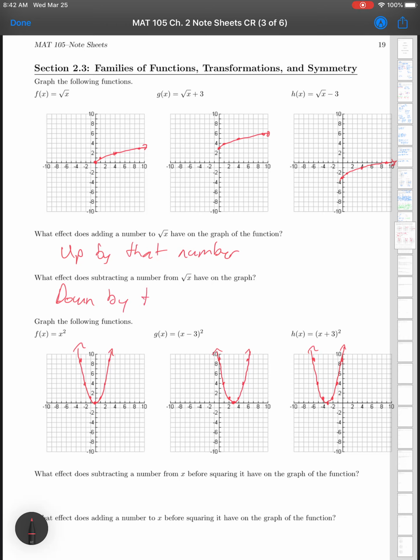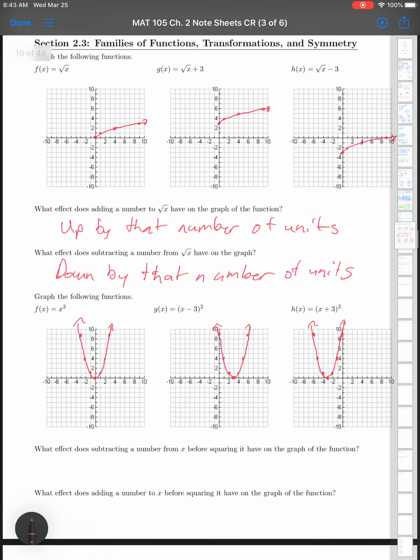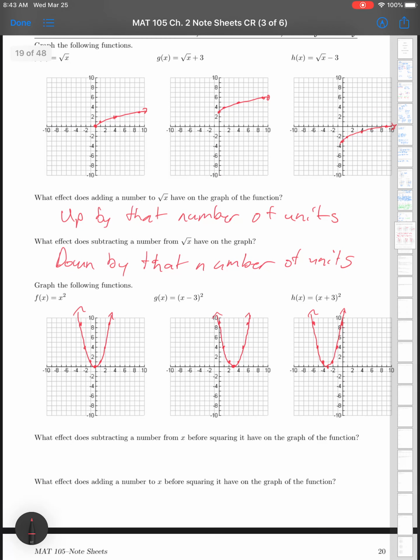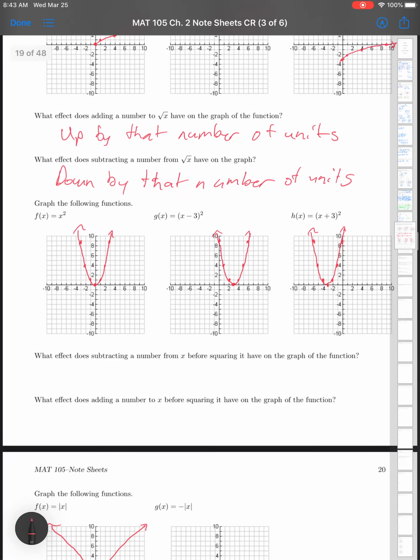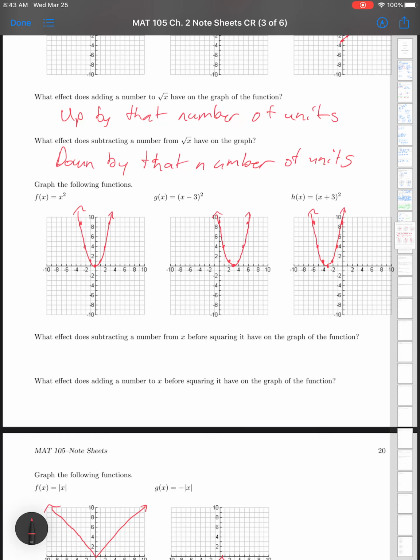Well, as you can see from the original here, it moves it down by that number of units, to be more specific. Okay, so adding or subtracting a number outside of the function simply moves the graph up or down.